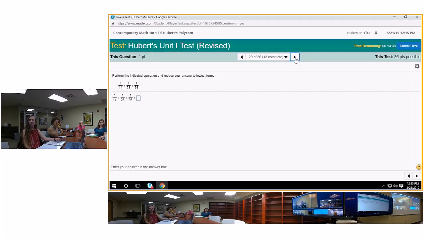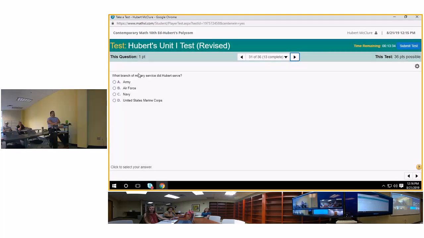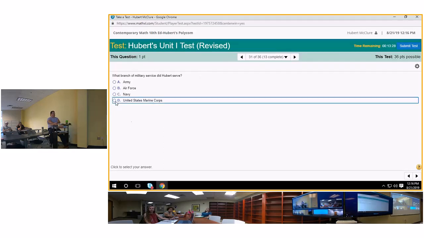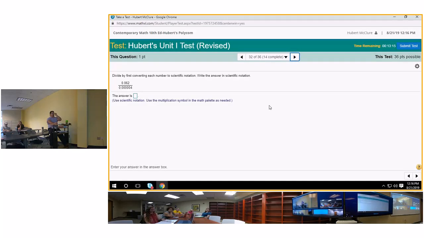Which branch did I serve in? The only one with United States in front of it, and it's the only one that's on my information card. That'll be easy to remember. If you put A, I will automatically fail you. Will not have a chance in hell of passing. No, I'm just kidding. You misspelled it.